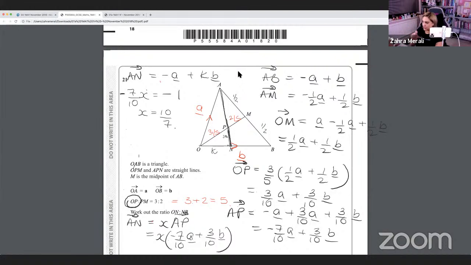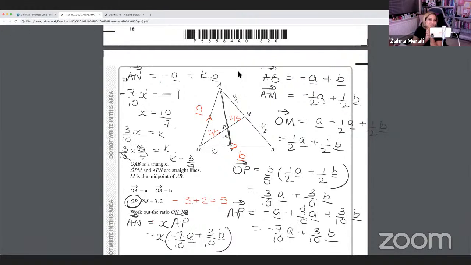And we've got 3/10 of X equals K, and we know what X is. So 3/10 times 10 over 7 equals K. So K equals 3/7. So O to N is 3/7 B, and N to B is 4/7. So the ratio is 3 to 4.